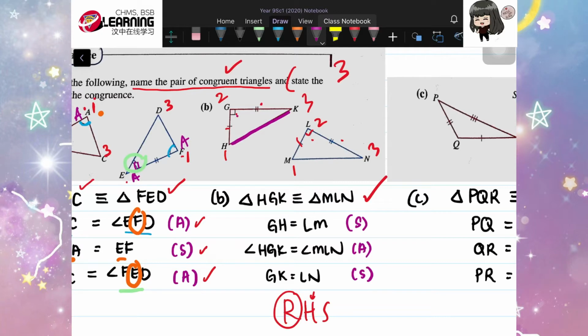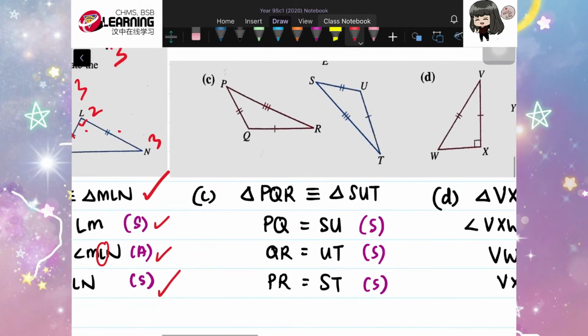What is the hypotenuse? The hypotenuse is the length opposite the right angle. It's not given, so we cannot use RHS. Instead, we use SAS, side angle side, because this angle is included between two sides. So GH equals LM, and angle HGK equals angle MLN, and the other side is GK equals LN.